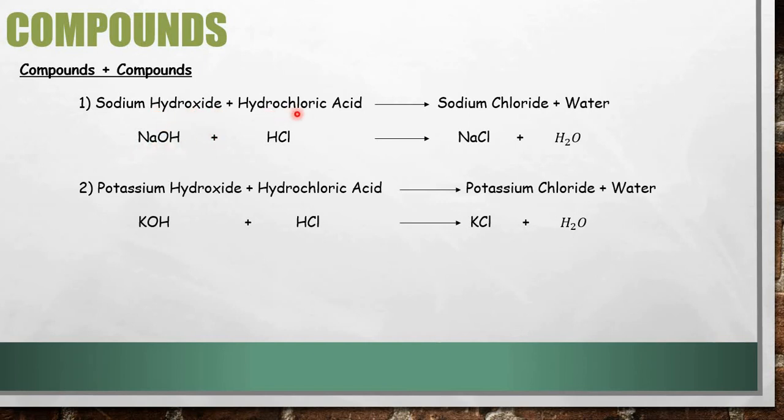Plus hydrochloric acid: hydro stands for the H, chloric stands for the Cl. Hydrogen mixed with chlorine forms hydrochloric acid. So if you heat these two compounds, they will form sodium chloride, NaCl. Na is sodium, Cl is chloride, and water, H2O.